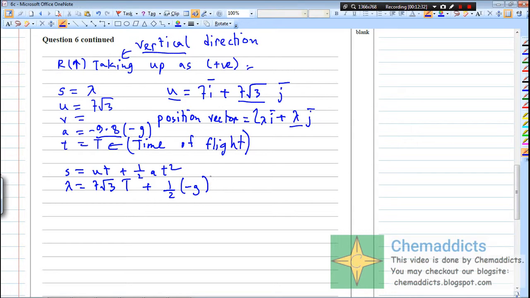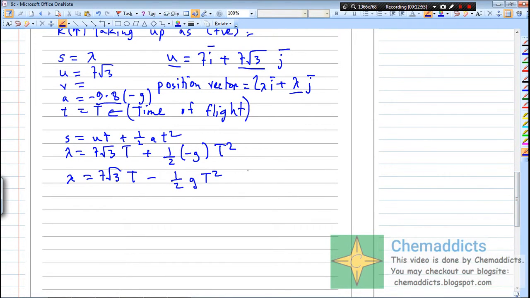So the equation that we have obtained is lambda equals 7 root 3 t minus half g t squared. So now we have found another equation relating lambda and t.